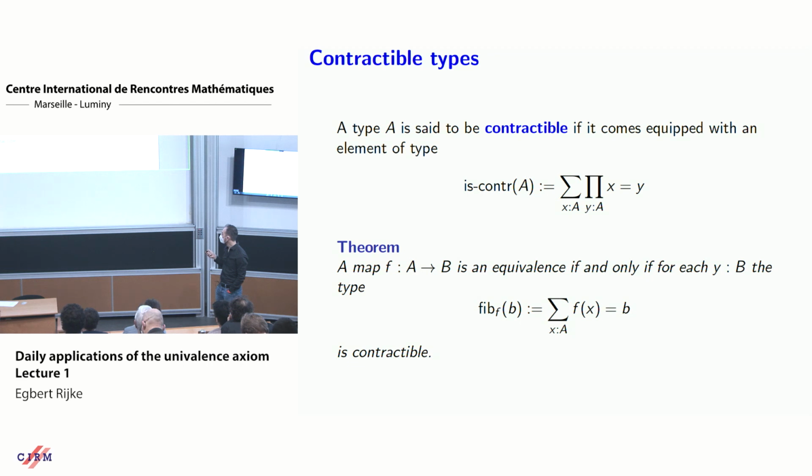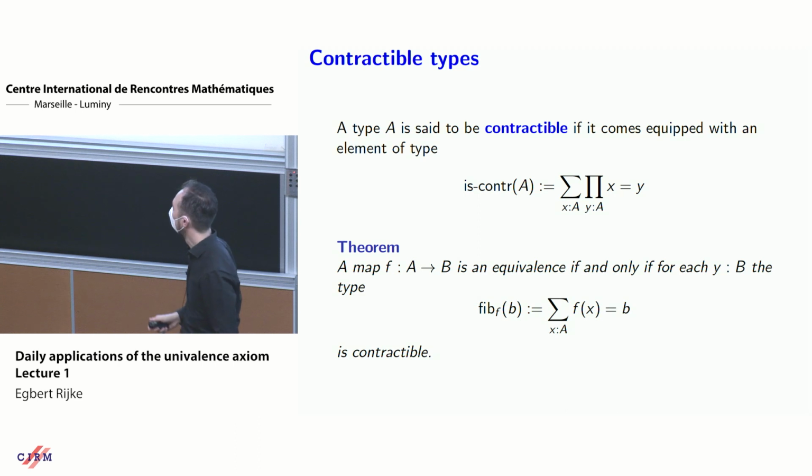So all the points in A such that, and whenever you see this statement in informal mathematics, you think, sigma type. Such that means sigma. So the elements in A such that f of x is B. What this means is that if these are all contractible, it means that f is a one-to-one correspondence, that there is exactly one thing in the pre-image that maps to it.